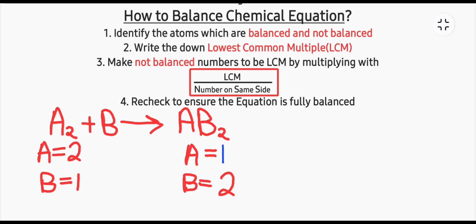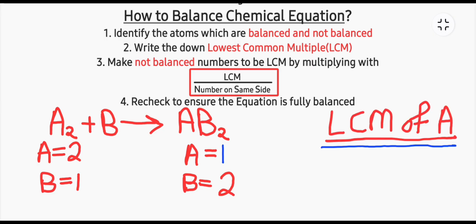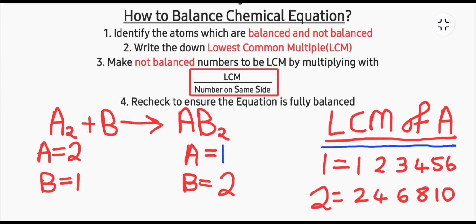So I will consider A, the lowest common multiple of A, 1 and 2. Multiples of 1 are 1, 2, 3, 4, 5, 6. And multiples of 2 are 2, 4, 6, 8, 10. Now what is the lowest common multiple of A? The lowest common multiple of A there is going to be a 2.